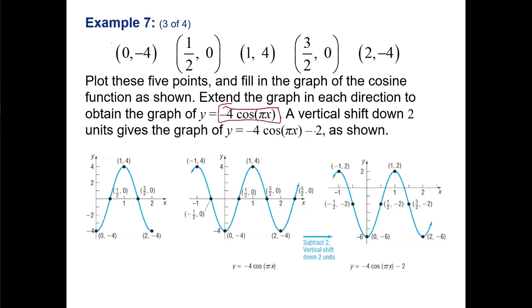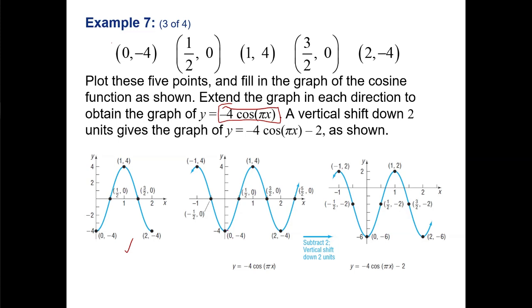The function that they gave us also subtracts 2 at the end. So what we're going to do is plot the refigured key points for this cosine, and it's going to look like this first picture here. So we've got these plotted, and then we can fill it out by stepping 1/2 left or right, and then it's going to take us to the next one in sequence.